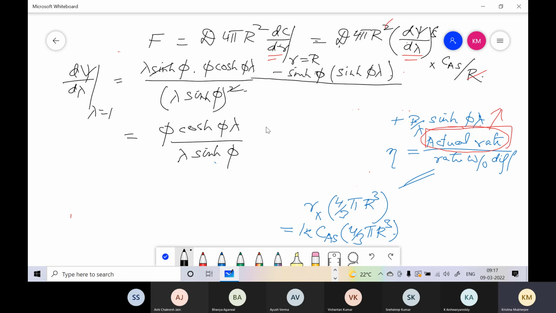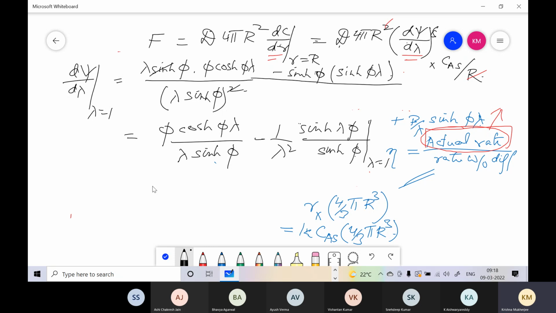Where I write sin, please remember that it is sinh, hyperbolic. Minus this 1 by lambda square. So sin phi will get cut, so what will be left? Lambda phi upon sin phi, correcting myself. Sin phi will get cut from this. Did I do it correctly? Yes, cos phi. I am trying to do it on the board and you should be contributing.